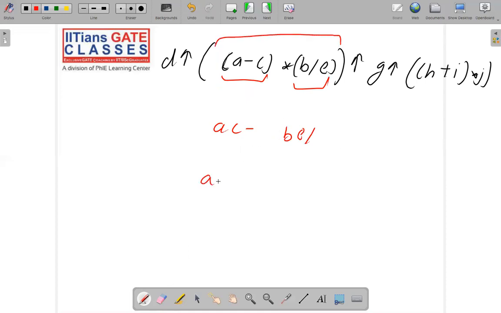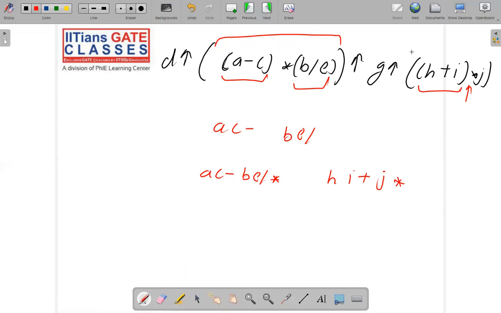Then this is the third operation. So it is AC minus BE divide, then star. Okay. Now this will be evaluated. So it is H, I should write after some space, HI plus, then J star.